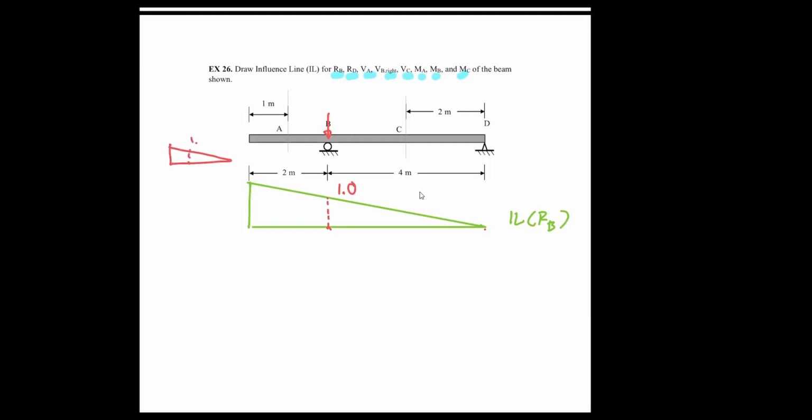If that is 1, the length is 4. If that is 6, that is going to be 1.5, right? So yeah, the magnitude here is 1.5.